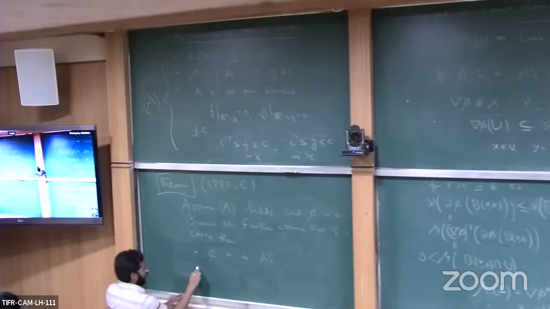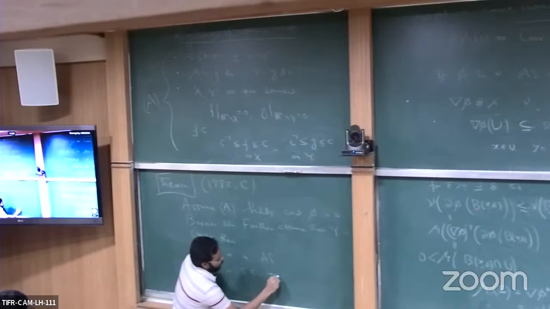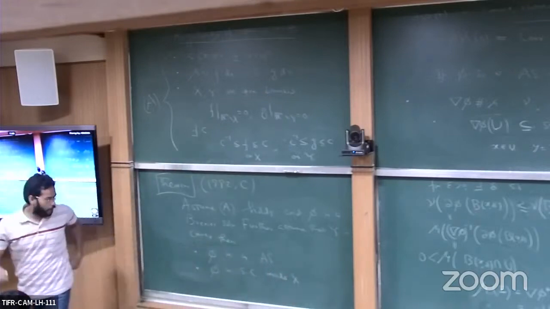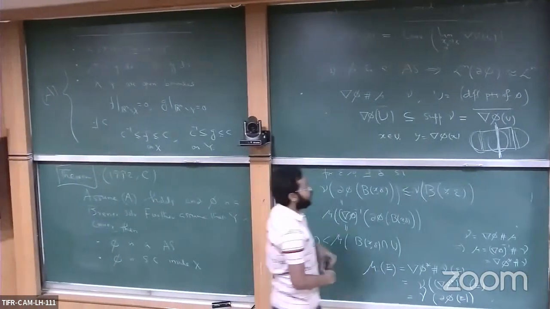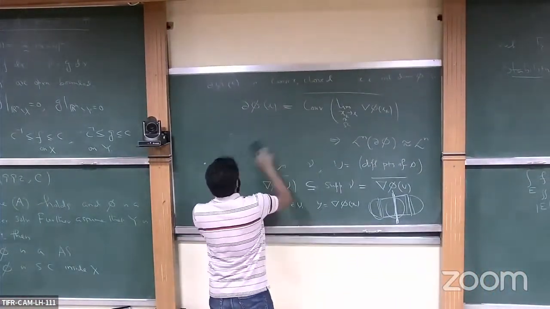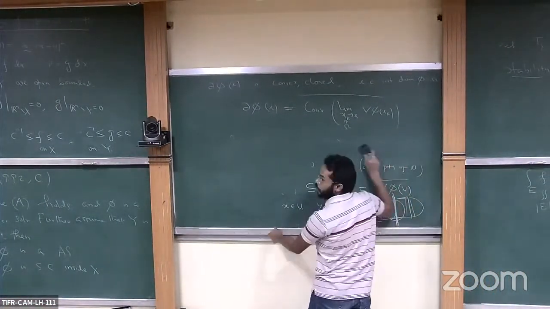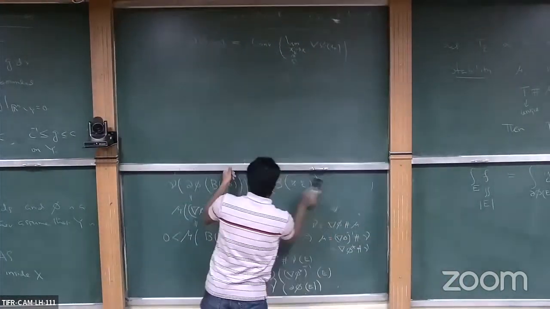So this is one part, and the most important part is that P is strictly convex inside. And this is where I will stop and Abhi will take over. Okay, so this is the theorem, and I'm going to keep this line for the rest of the talk, which is almost over.